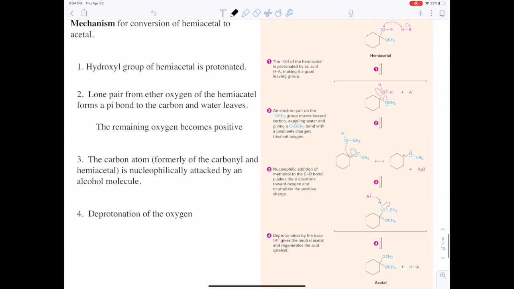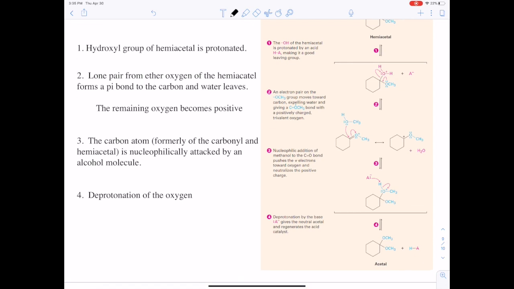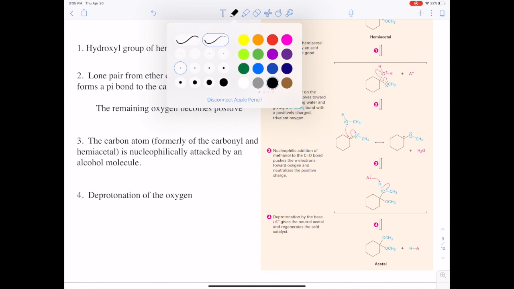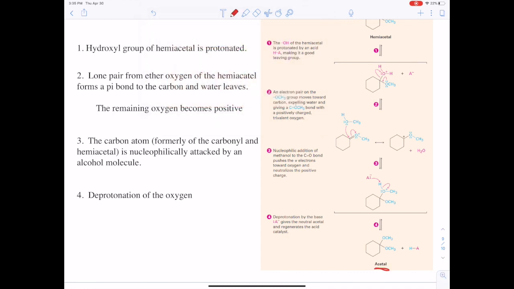I won't go into the details here, but I've shown you how a hemiacetal can produce an acetal. What's interesting, I will just point out this. If you look at this acetal at the bottom, there are two alkoxy groups. So if you say to yourself, what was that made from?